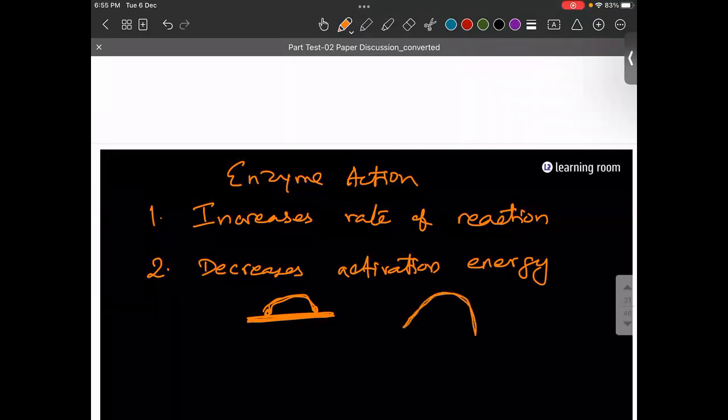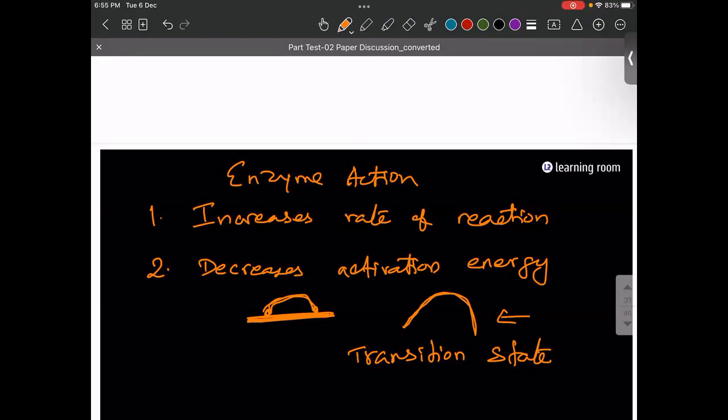First, imagine you're breaking a stick like that. So, the substrate should bend first. This structure is called what? Transition state. What is this state? The substrate is about to break. Imagine you're bending a stick. That is the function of enzyme.